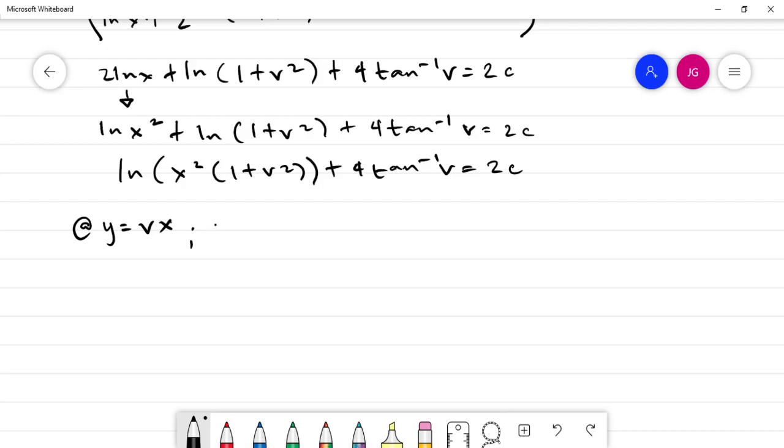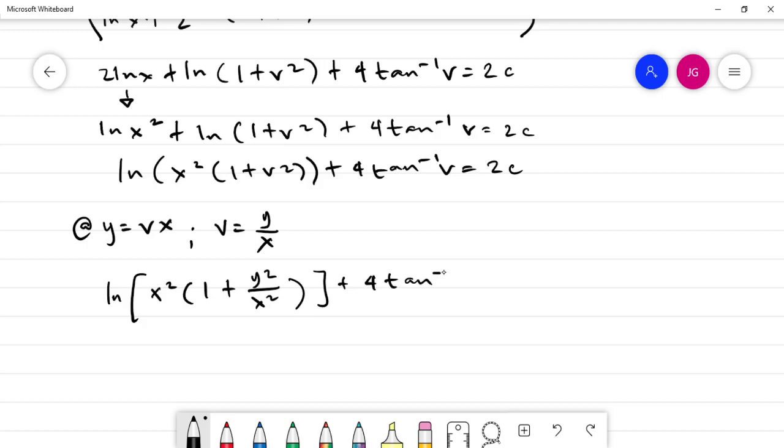So, di ba? Kuha na to dapat si v, that is y over x. Then, ato ang new equation is ln x squared 1 plus y squared over x squared. Kaya naka-squared man natong v. So, pag sub na to, mahimo siyang squared. Then, plus 4 arctan, then v is y over x equal to 2c.